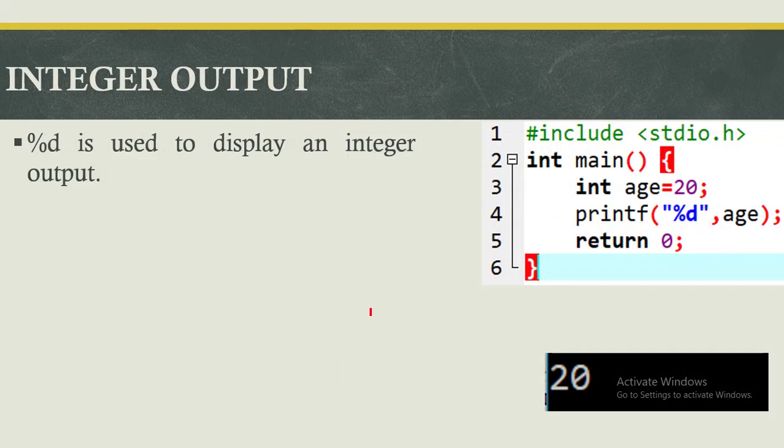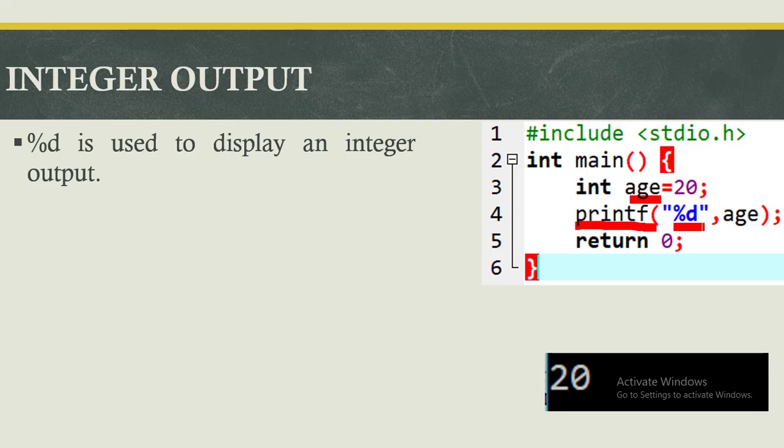As an example, we have stored an age of 20 and we want to display that 20. To display it, we need to know the variable name, because it's the variable name that contains the value. If we have access to the variable name, then we can know the value that has been stored in it. So to display, we use the printf statement, but you have to include the conversion or format specifier.